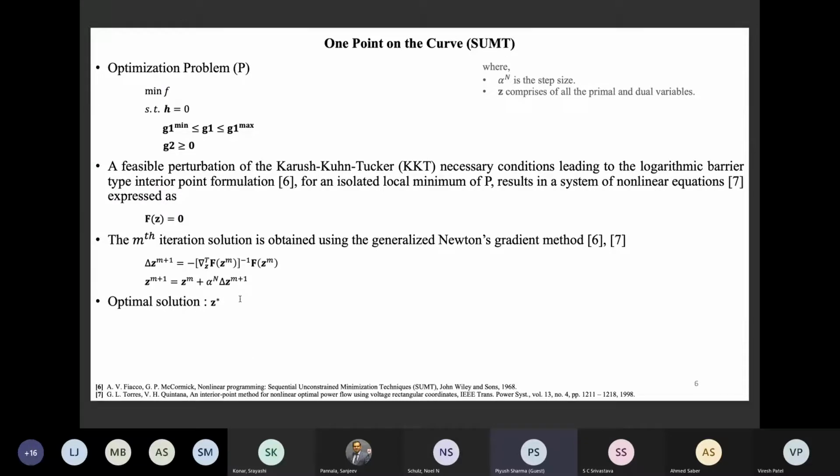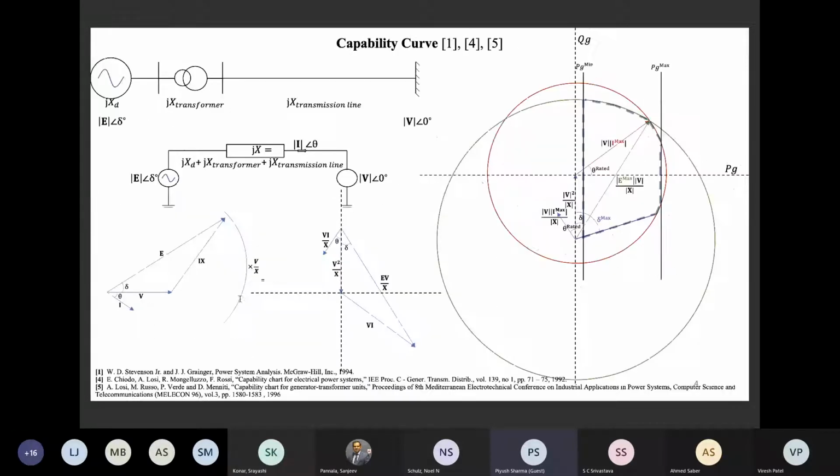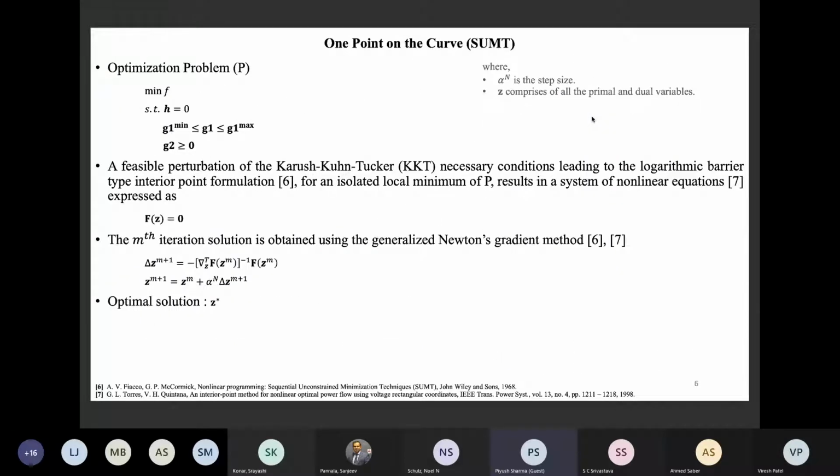Now, when we do this, we get one particular point on the curve, which is essentially, let's say for theta equals 0 for synchronous machine, this particular point. Now we have to trace the entire curve. So we can either repetitively solve an optimization problem, or, what we have done, is use a predictor corrector approach.